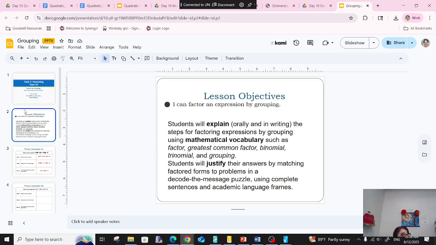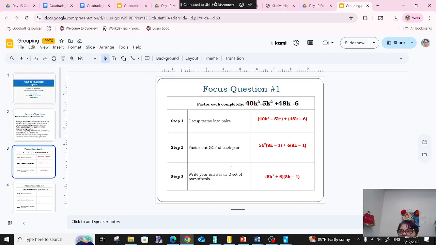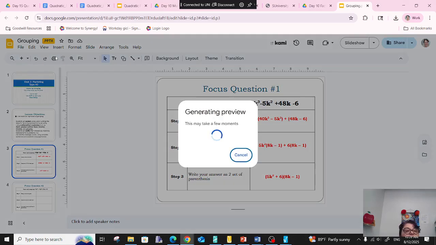Well, you know it's going to be grouping if you have four terms, separated by plus and minus. Does that make sense?